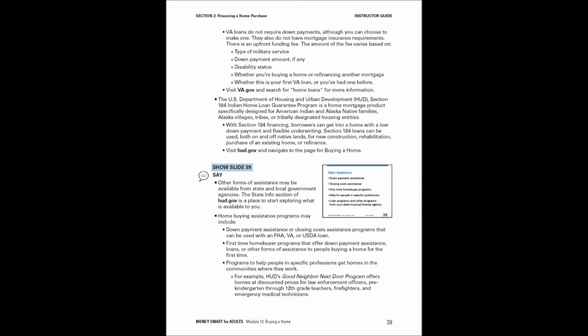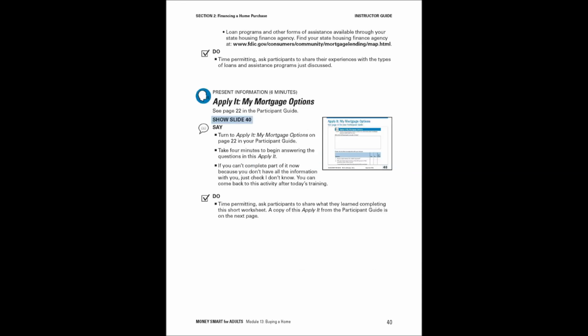So these programs do exist and they are available. So you're going to make mention of that so that your participants understand that if they don't have a large down payment saved up and they're wondering what's going to be possible for them, having access to one or more of those down payment and/or closing cost assistance programs may make the difference to help them to move forward.